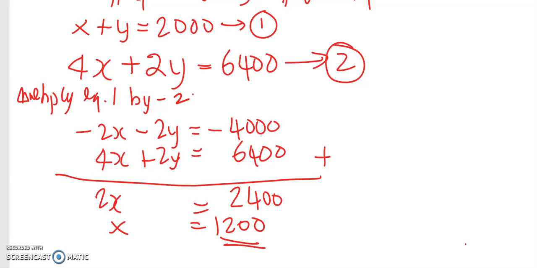Now we can take this X and substitute it anywhere, and we should get the value of Y. How do we do that? We can substitute the value of X equal to 1,200 in either one of these two equations. Let's substitute it in equation 1.